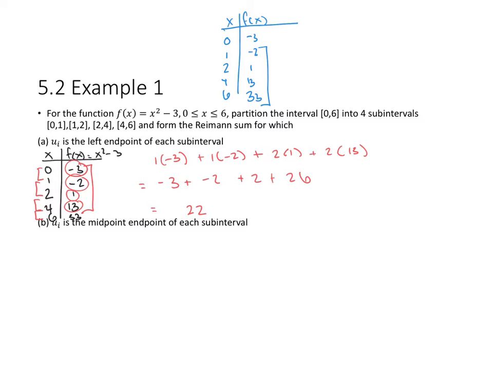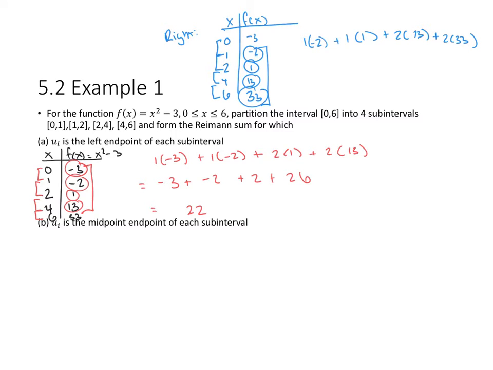I still need to think about how wide this interval is, but instead this time I'm going to be taking the right endpoint. So I have, it's 1 by -2, and then this one is a 1, and the height is 1. This one's 2, and the height is 13. And this one's 2, and the height is 33.